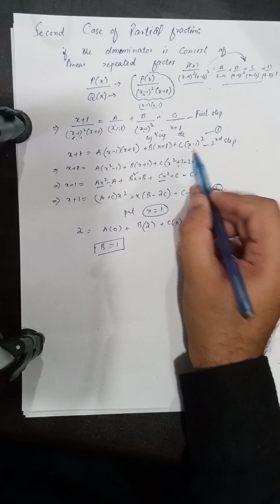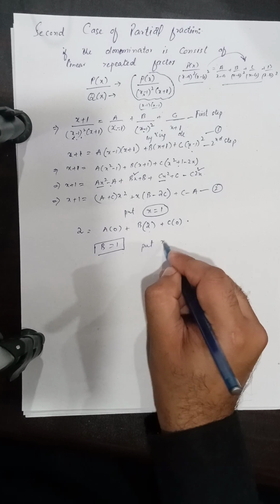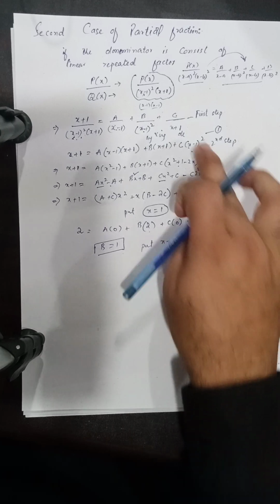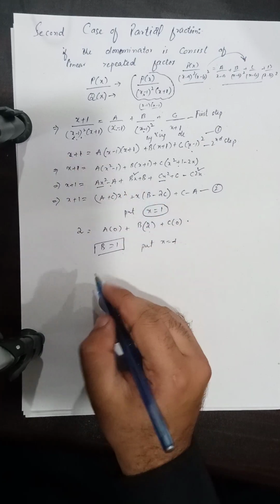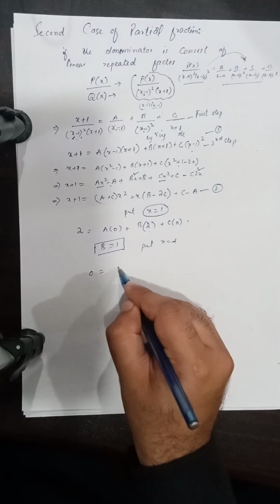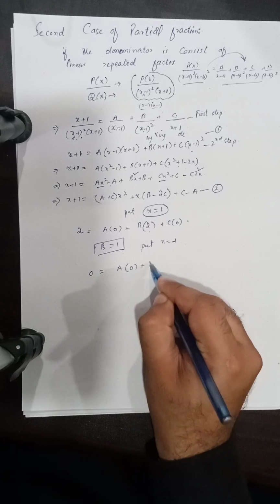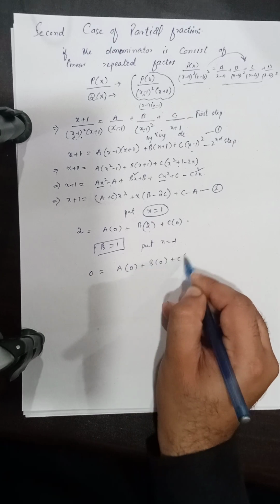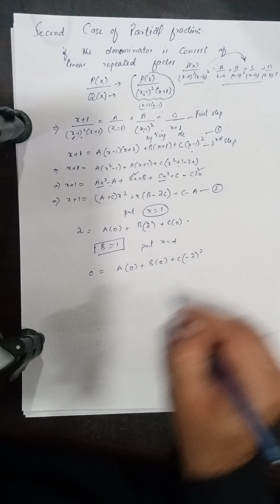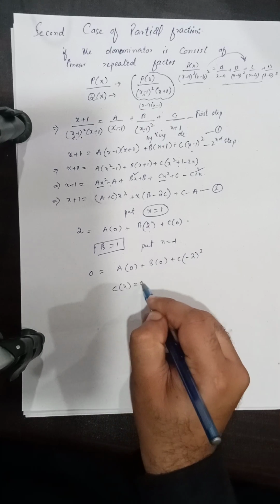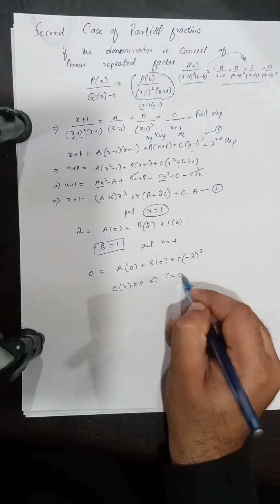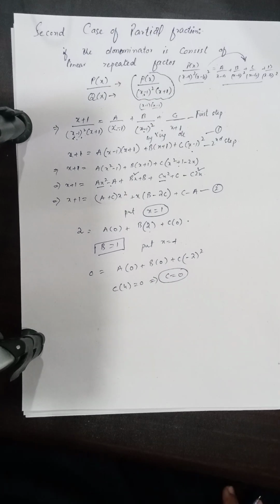Now put x is equal to minus 1 in equation 1. So minus 1 plus 1 is 0. So a into 0 plus b into 0 plus c into (minus 2) whole square, which is c into 4, is equal to 0. So this implies that c is equal to 0.